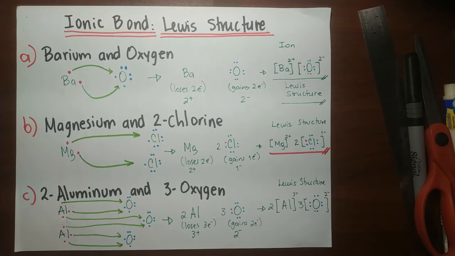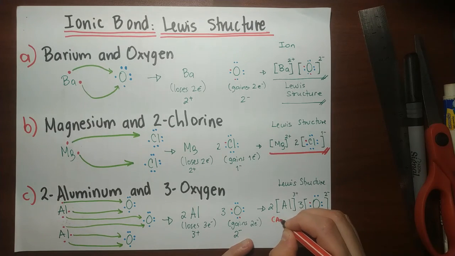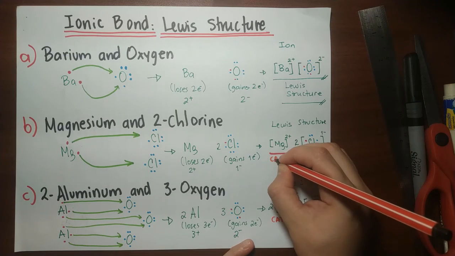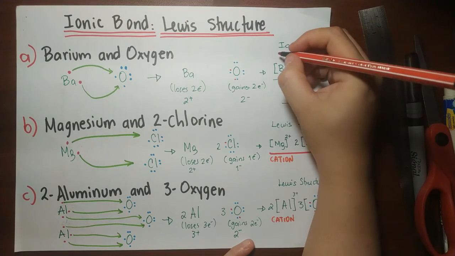Remember, losing electrons makes a charge positive and gaining electrons makes a charge negative, so the positive ones are called cations. The positive ones are cations, so you can write it there if you want. Cation, cation. Remember, cats are always positive.